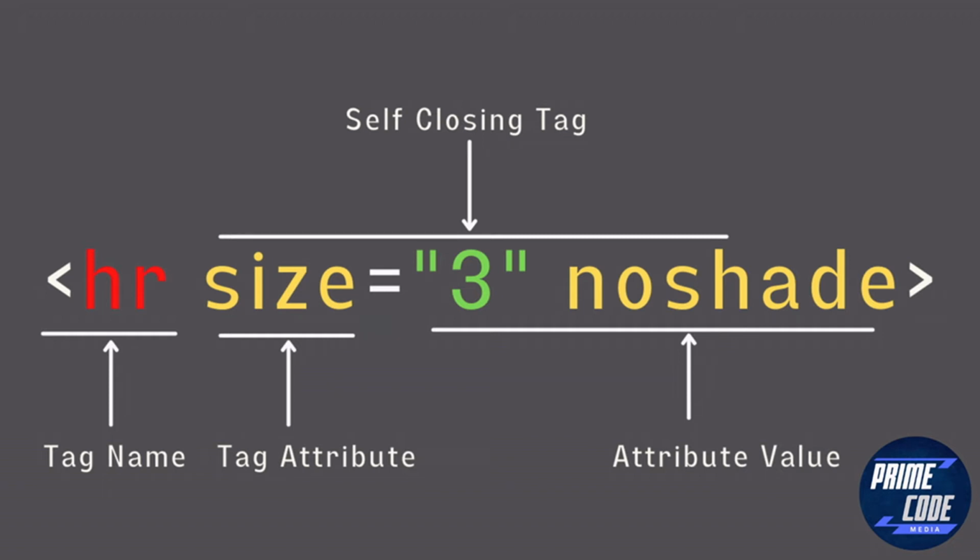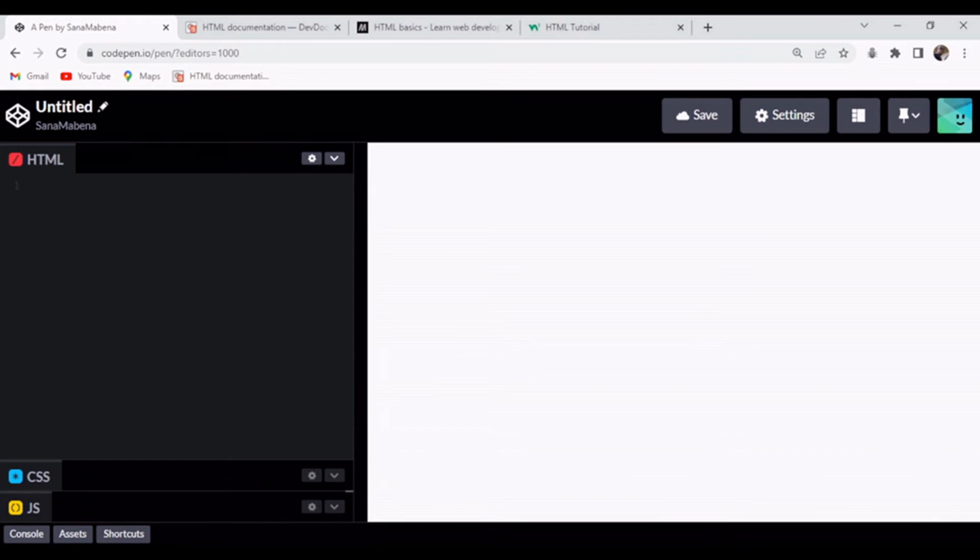Now, to show you how this tag works, I'm going to use Codepen. You can also use Codepen if you want to, but by first signing up for free. I've signed up, I have an account and I'm logged in right now. Here I'm going to write just a simple paragraph using the p tag, like so.